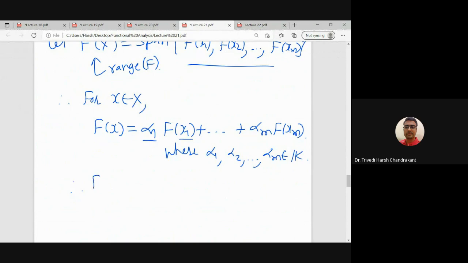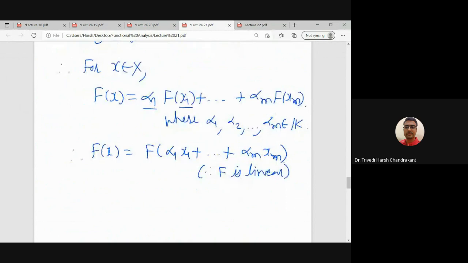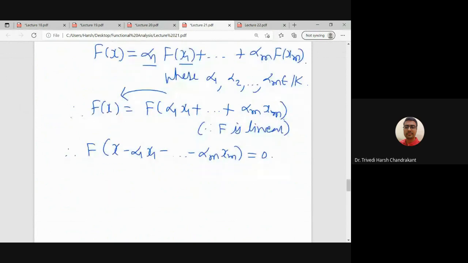So it will be f(alpha 1 x1 + ... + alpha m xm). Everywhere we are using linearity. F is linear. If f is not linear, all this result will not hold. So now again f is linear, so we can take this element to the other side. So we get f(x minus alpha 1 x1 minus ... minus alpha m xm) is 0. So that means this element is in the kernel.